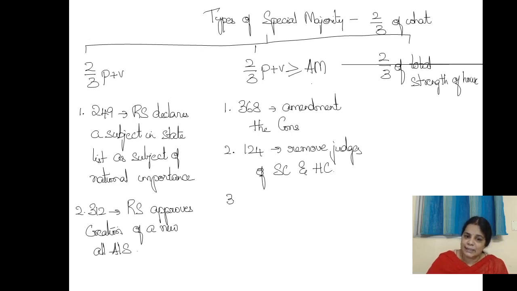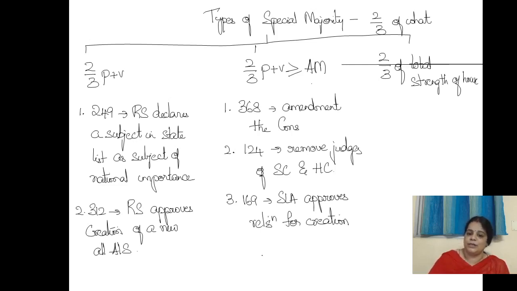Then the third thing that we have to understand, apart from these two, is Article 169, where you need a resolution approved by the State Legislative Assembly for creation or abolition of the State Legislative Council.